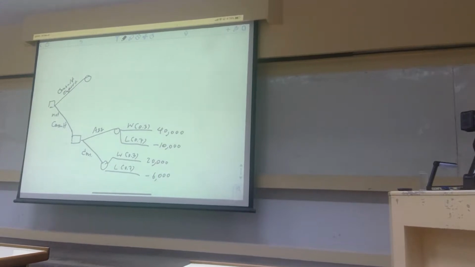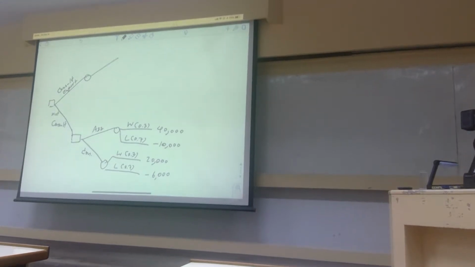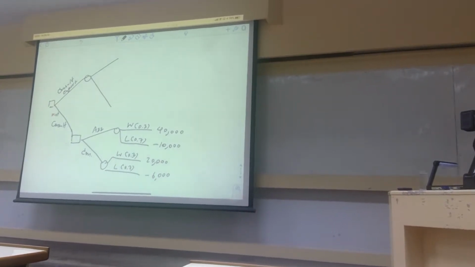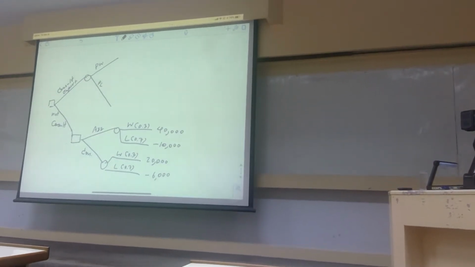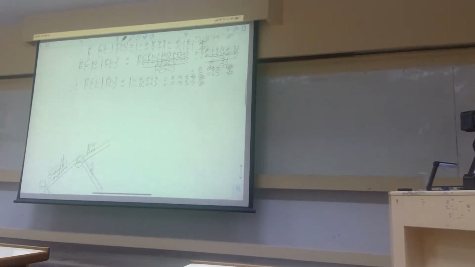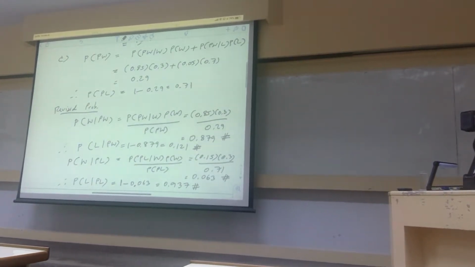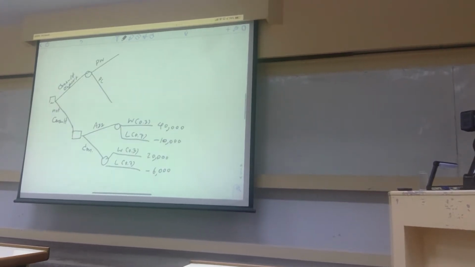For the consult with the expert, we have two possible outcomes, right? Predict win and predict lose. You just calculate: predict win is 0.29, predict lose is 0.71.